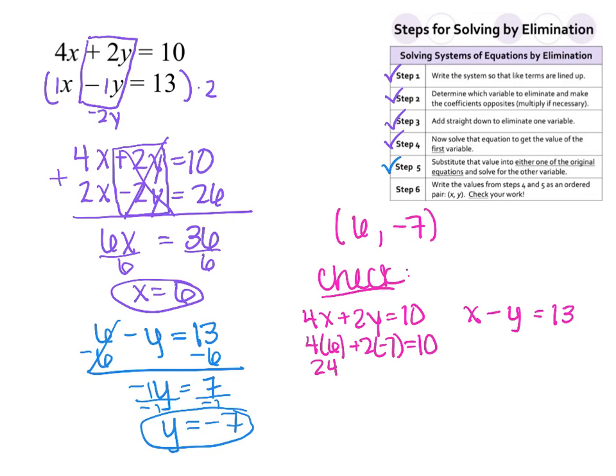Well, 24, and a positive times a negative is a negative. 2 times 7 is 14. 24 minus 14, yep, that equals 10. And in the second equation, 6 minus negative 7 is supposed to equal 13. Well, remember, minus a negative actually turns to adding, so 6 plus 7 is 13.